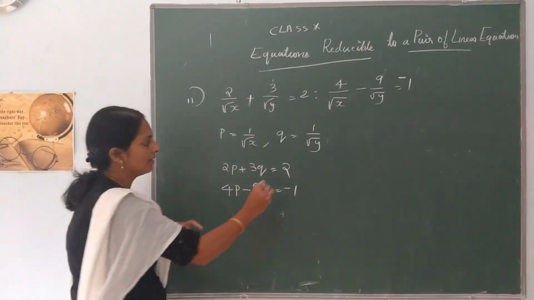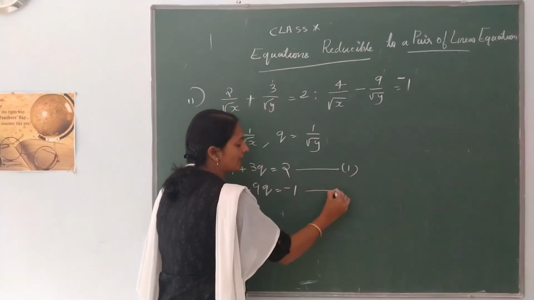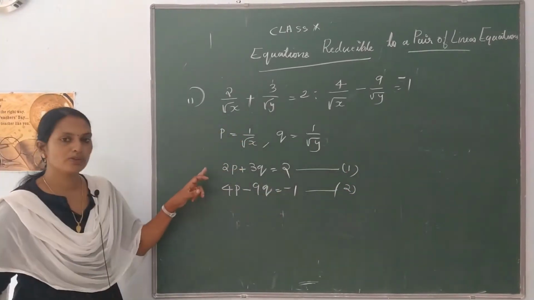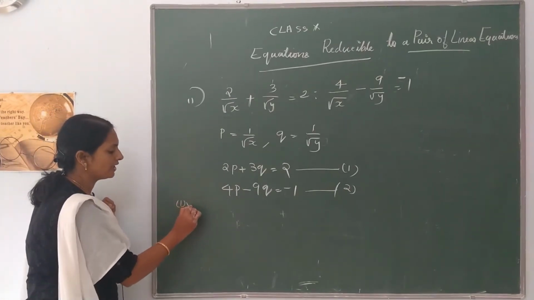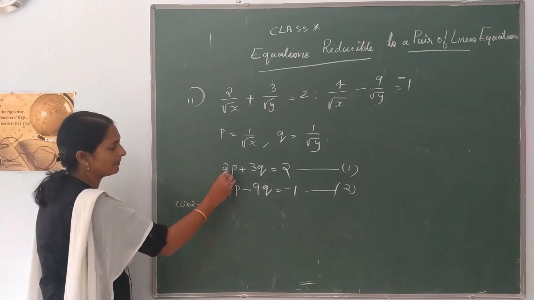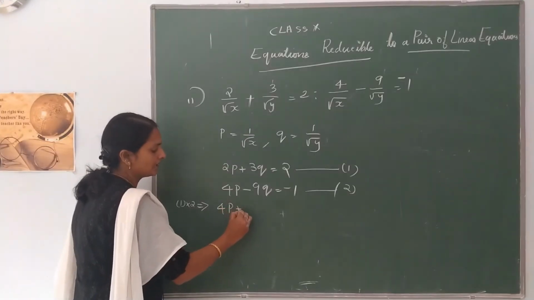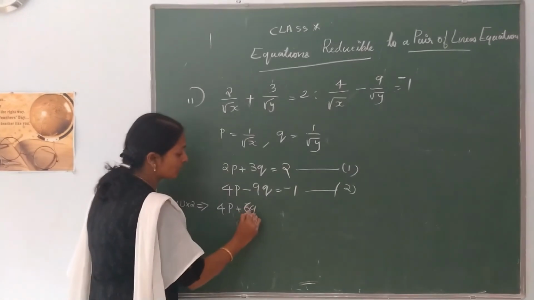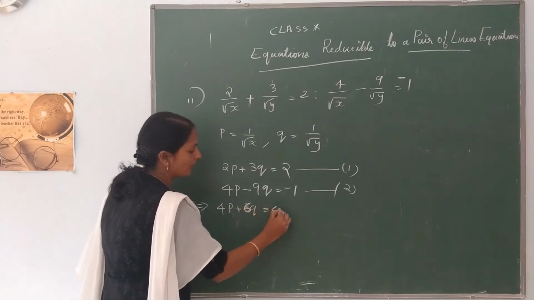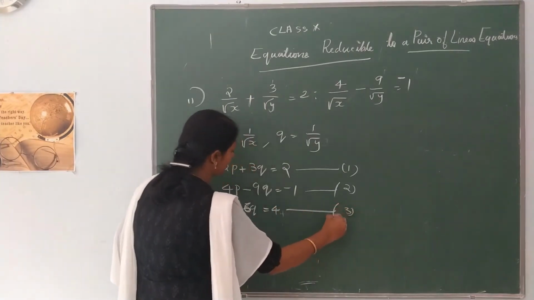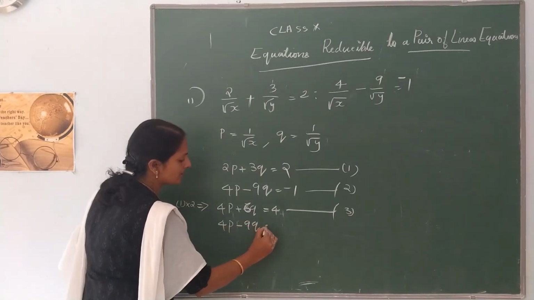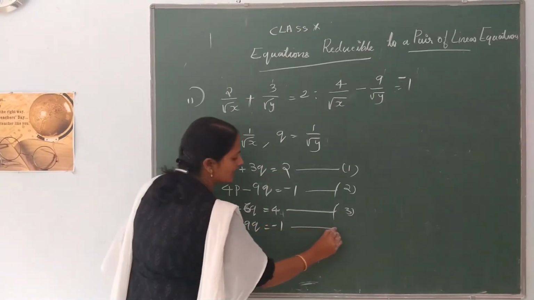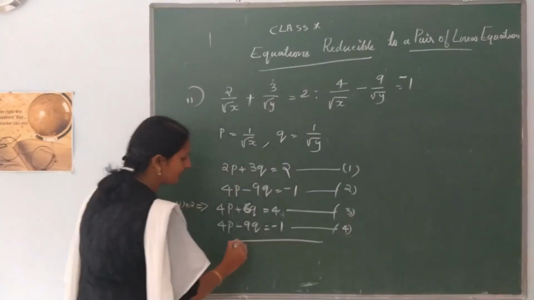Then this is equation number 1 and this is 2. Then using the elimination method, multiply the first equation by 2. That becomes 4p plus 6q is equal to 4. This is equation number 3, and 4p minus 9q is equal to minus 1, that is equation number 4.